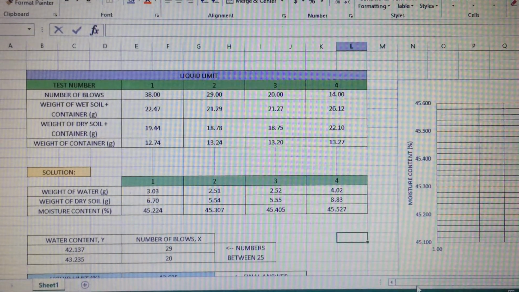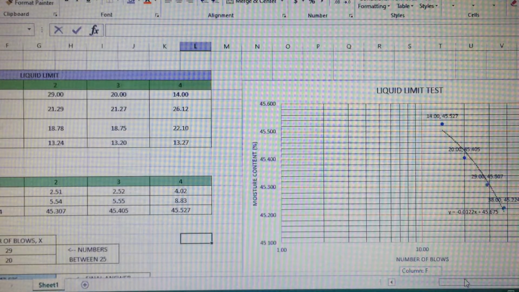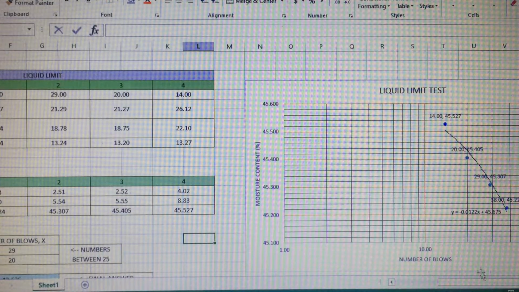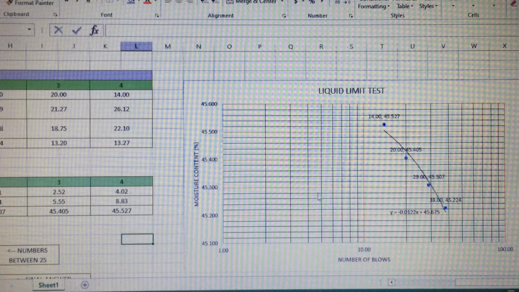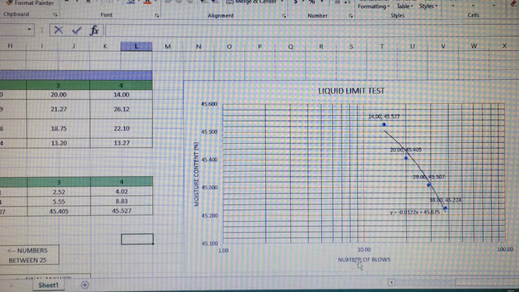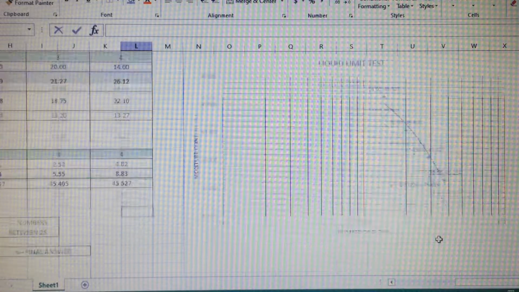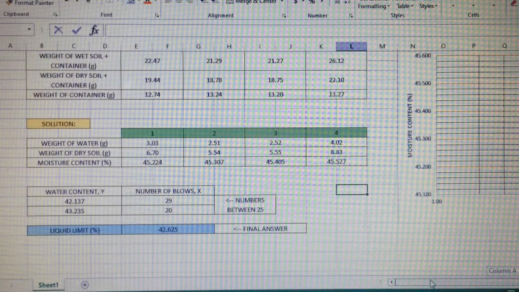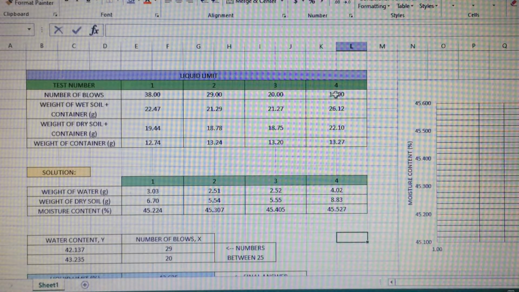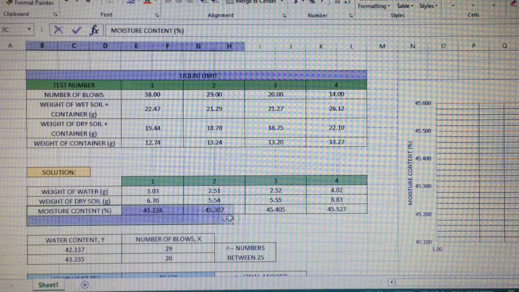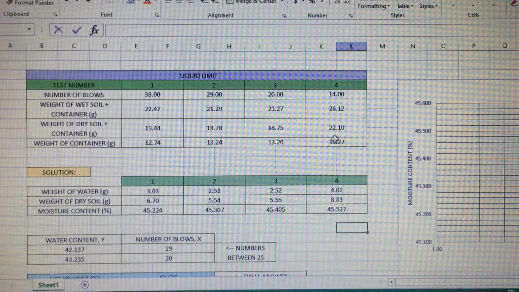Now, for the graphing of the curve dito sa liquid limit test, ang kailangan given dito is values for moisture content and the number of blows. So, andito na siya. The number of blows and yung na-solve natin na moisture content. So, bale yun yung ilalagay natin sa X and Y axis.